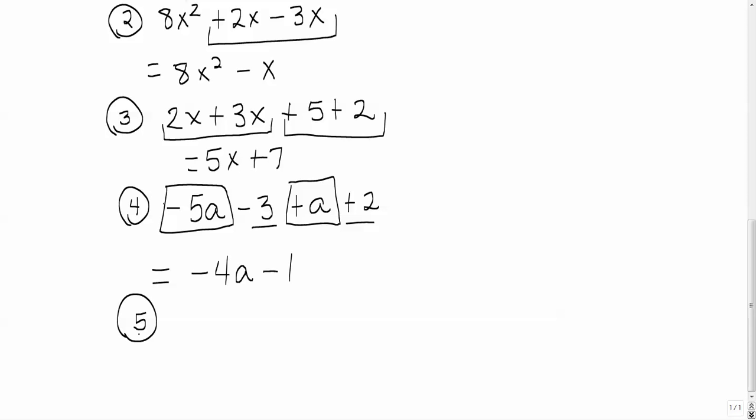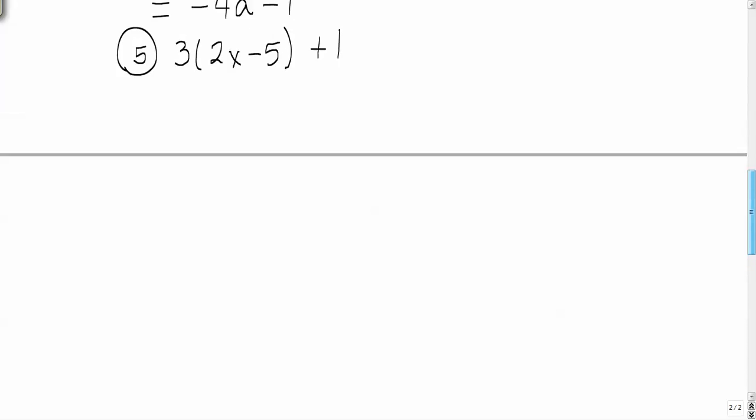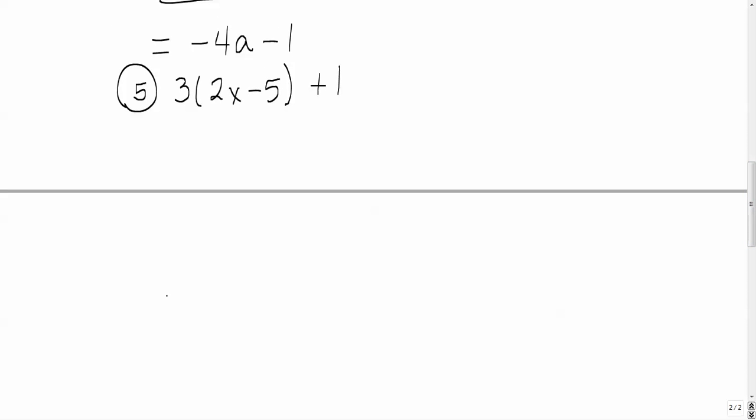Now sometimes you'll have to distribute first. For example, if you had 3 times 2x minus 5, plus 1. Okay, distribute your 3. So multiply the 3 times the 2x, and that gives you 6x.